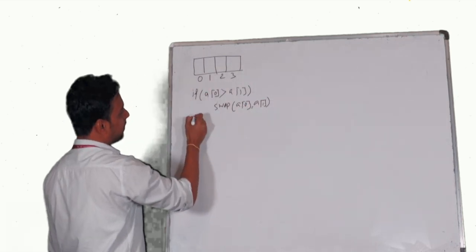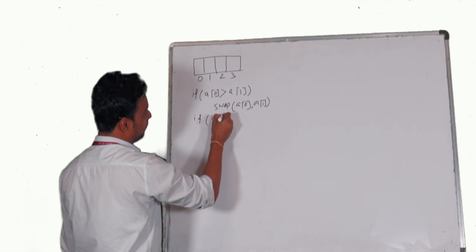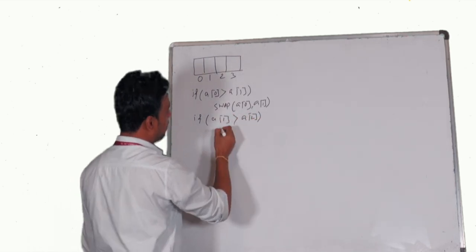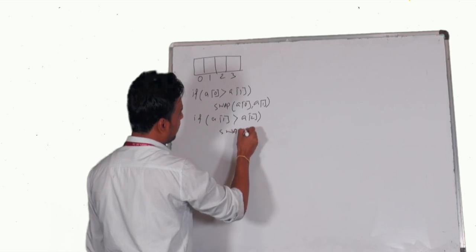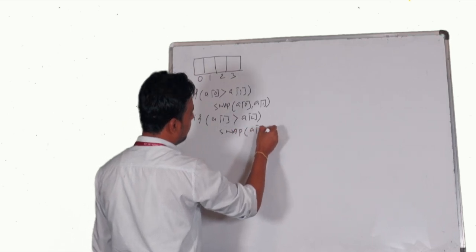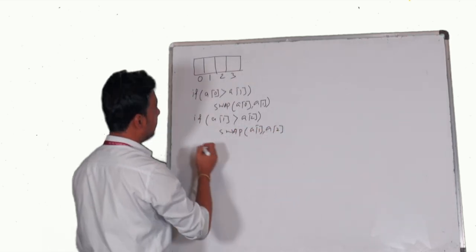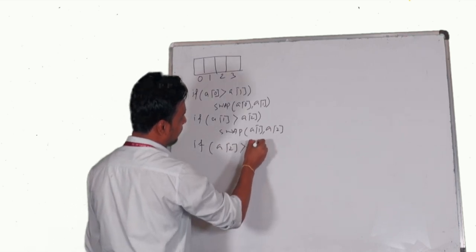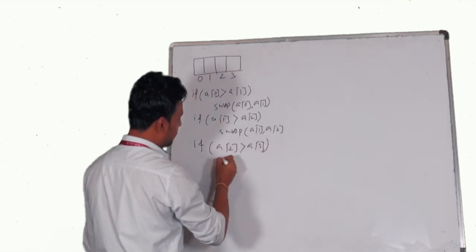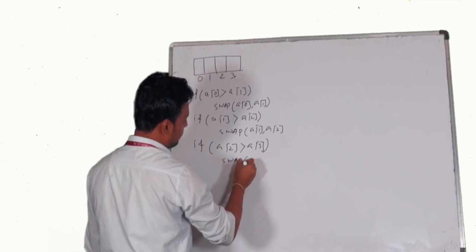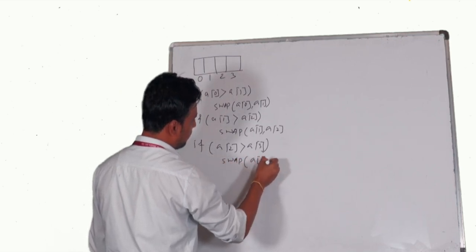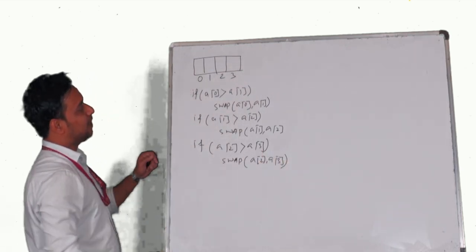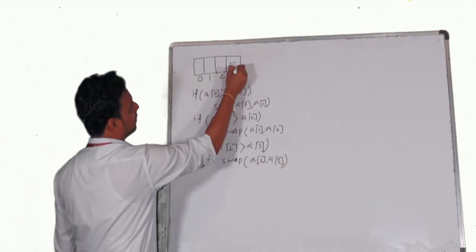Next we are comparing if a of 1 is greater than a of 2, then we are swapping a of 1 with a of 2. Next we are comparing if a of 2 is greater than a of 3, then we are swapping a of 2 with a of 3. So this way we'll have the largest element in location 3.